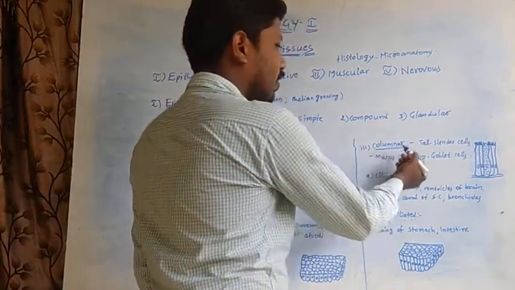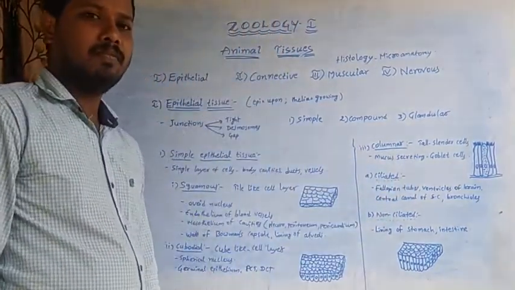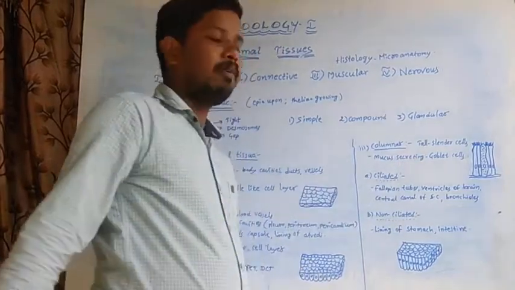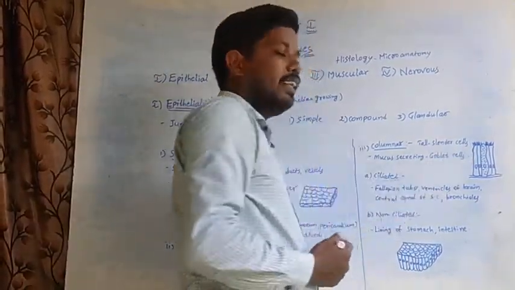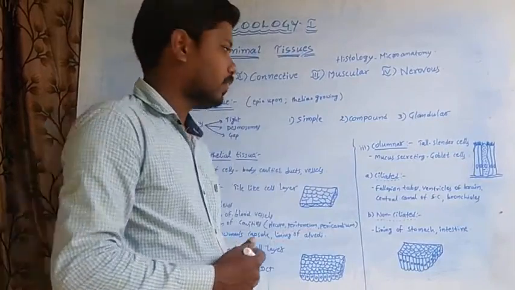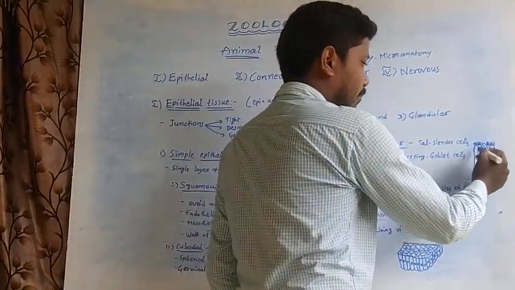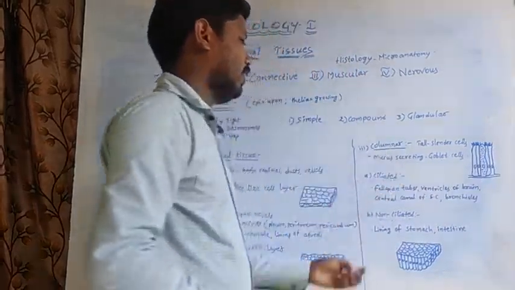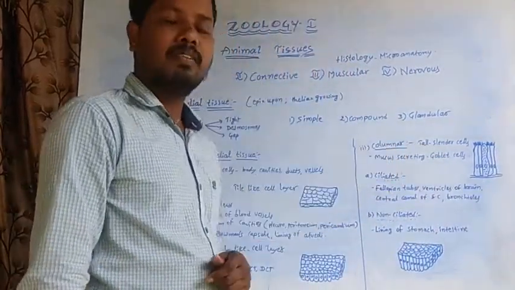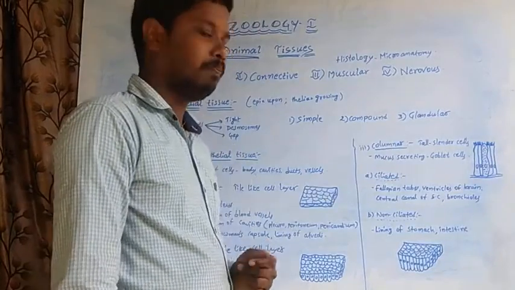Third one, simple columnar epithelium. Simple columnar epithelium forms tall, slender cells. Here the cells are completely tall, that's why this type of tissue is called simple columnar epithelial tissue.